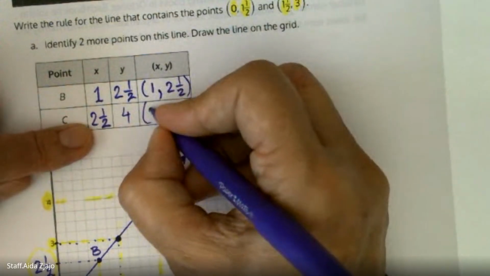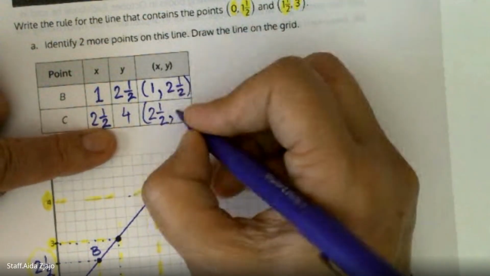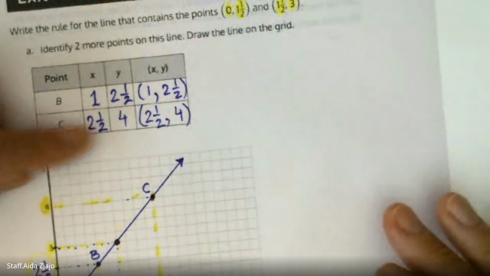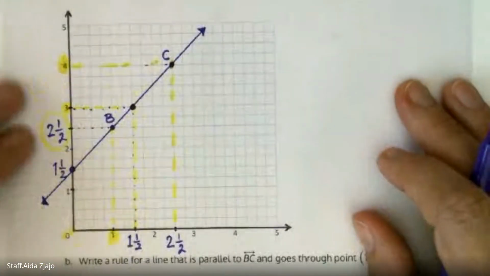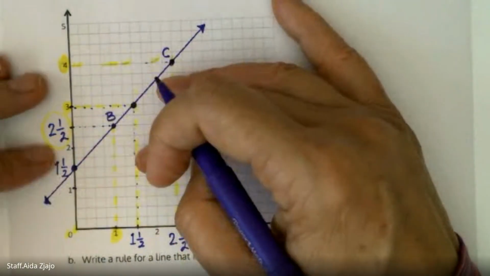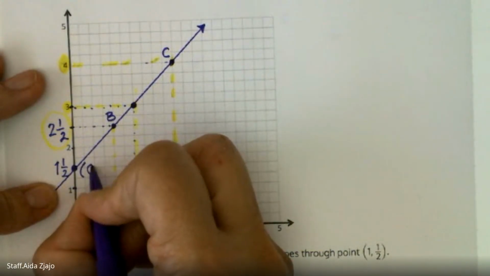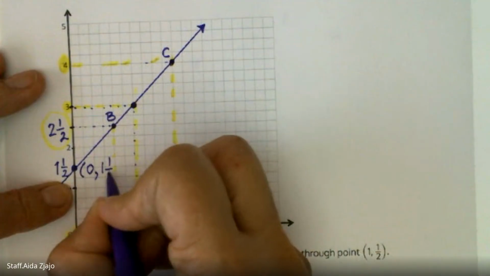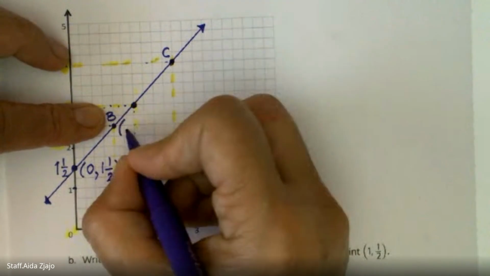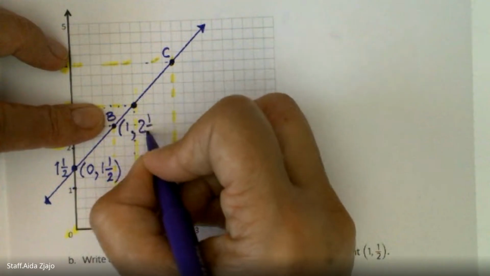So that is 2.5 and 4. Good. So when I have them, I like to put my points on the grid so I can see that this is 0, 1.5. Then this point is 1 and 2.5.